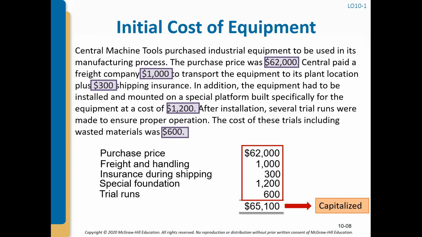So we can see that all these costs are capitalized: purchase price, freight, insurance, shipping, a special foundation, and then trial runs. Okay, all of these costs are capitalized.